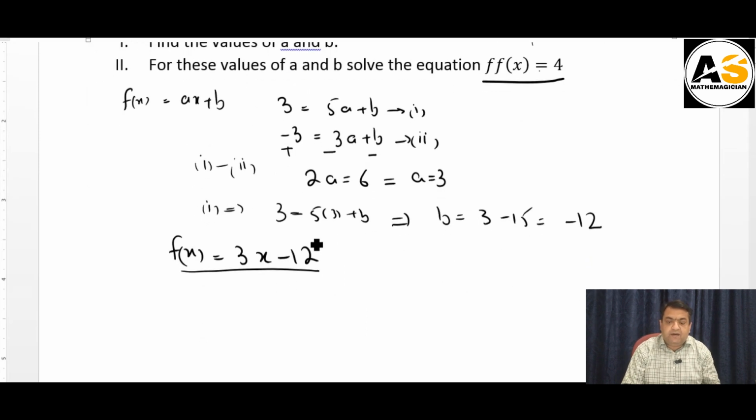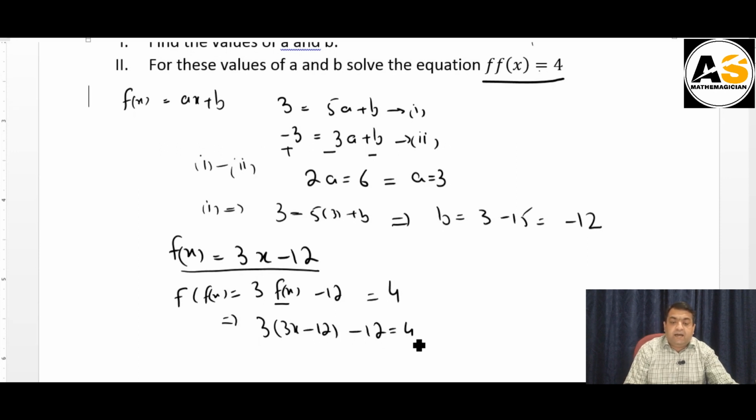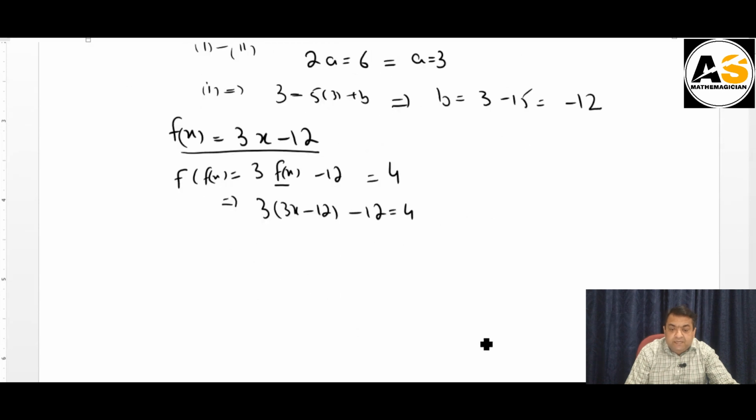As we have already learned, how do we find f of f of x? This is equal to 3 times f of x minus 12, which is equal to 4. Now I will put the value of f of x, which is 3x minus 12. So 3 times 3x minus 12, minus 12 is equal to 4. I just replaced this f of x by 3x minus 12.